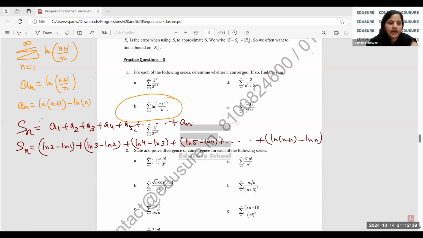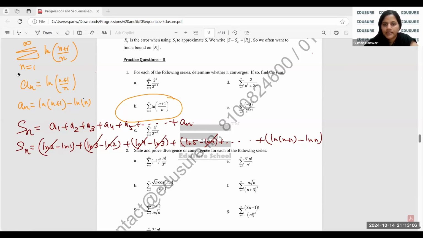So if you see, I'll cut this with this, then I'll cut this with this, I'll cut this with this. So eventually we are going to be left with, let us see what is the penultimate term before this to have clarity.